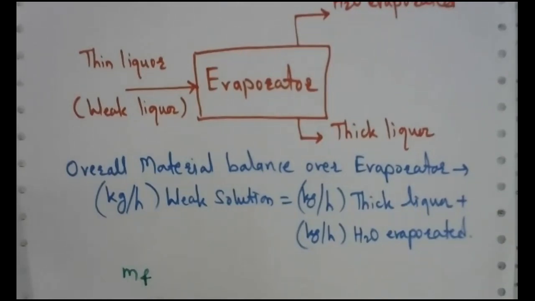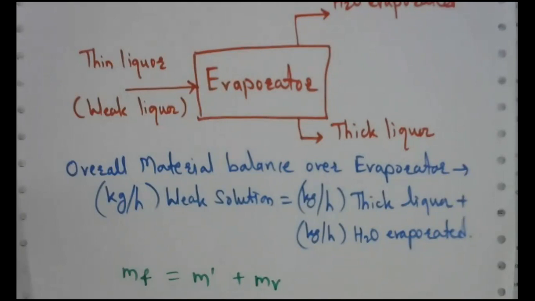Feed is nothing but thin liquor or weak solution, and it is equal to the mass flow rate of thick liquor, that may be m dash, and the mass flow rate of water evaporated, indicated by m suffix v.